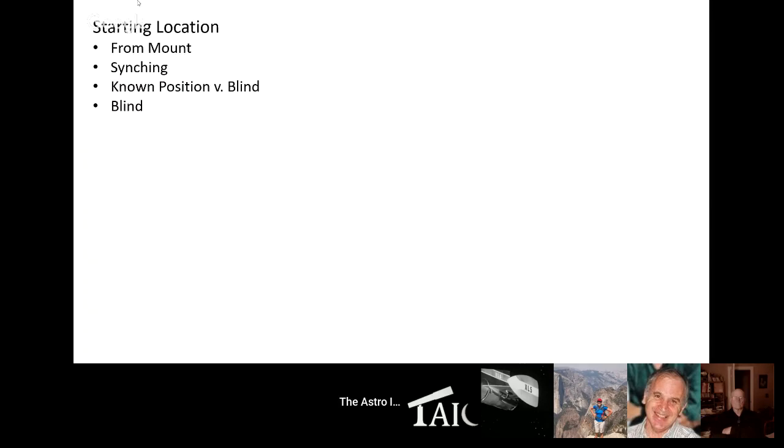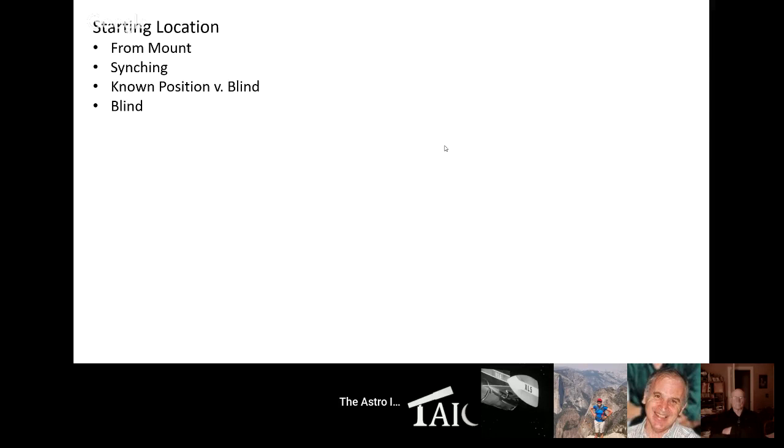Where are we? Starting location. Most of us are using a mount that hooks directly through our auxiliary port or through our RS-232 port directly to the computer. So our ASCOM is communicating directly between the computer and the mount, so that the computer always knows where the telescope thinks it's pointing.